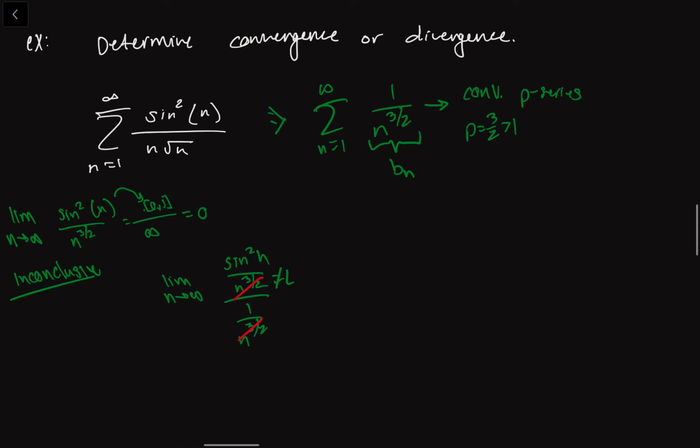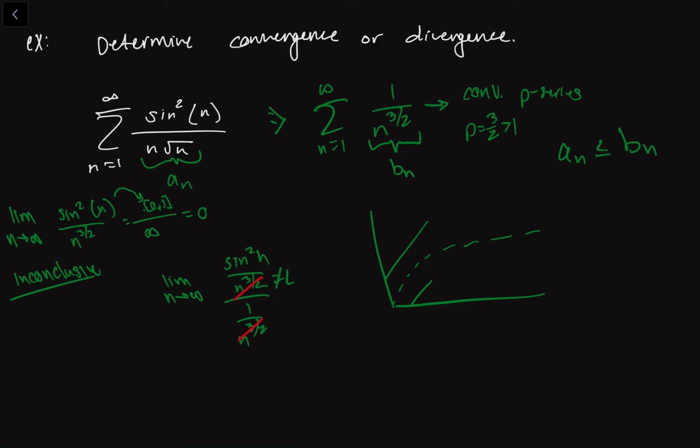Well, we found something that's very, very similar to it. Can we prove convergence using the direct comparison test? In order for this to be a favorable comparison, we know that b sub n converges, right? So do we want a sub n to be bigger than or less than it? We want a sub n to be less than b sub n. A sub n must be less than or equal to b sub n in order for this direct comparison to work.